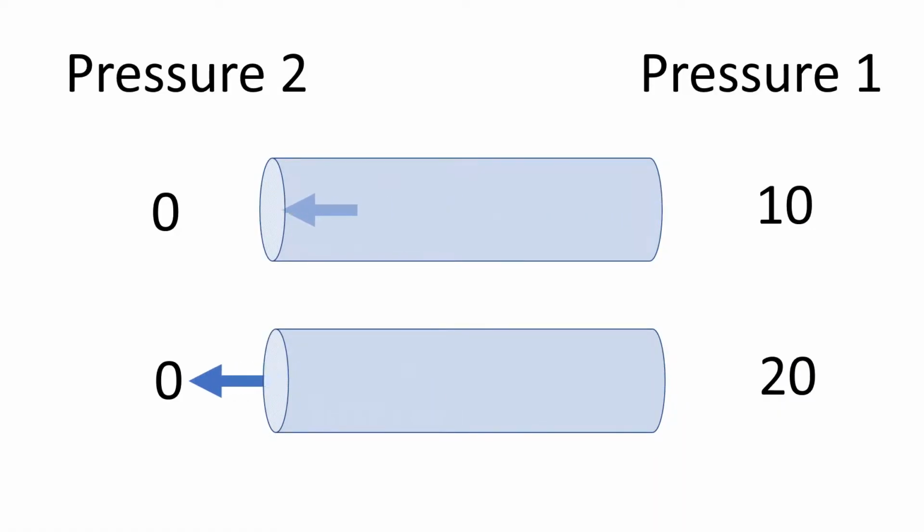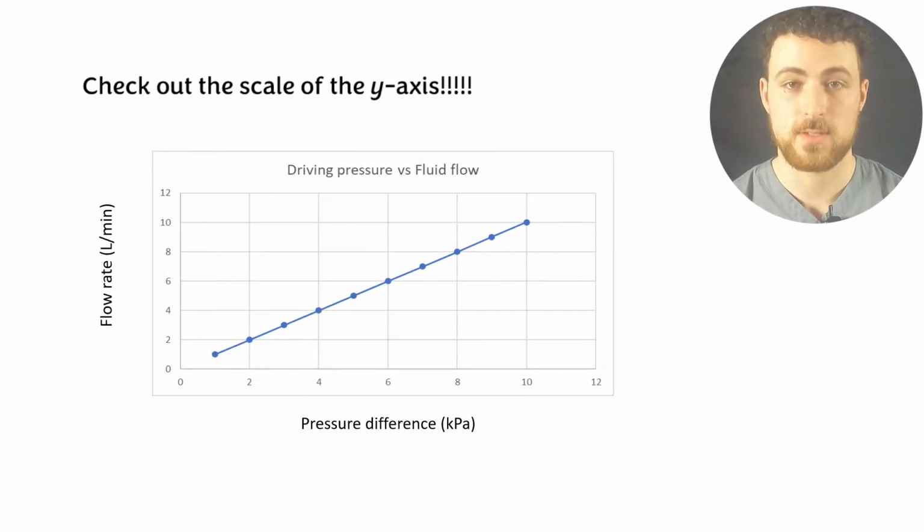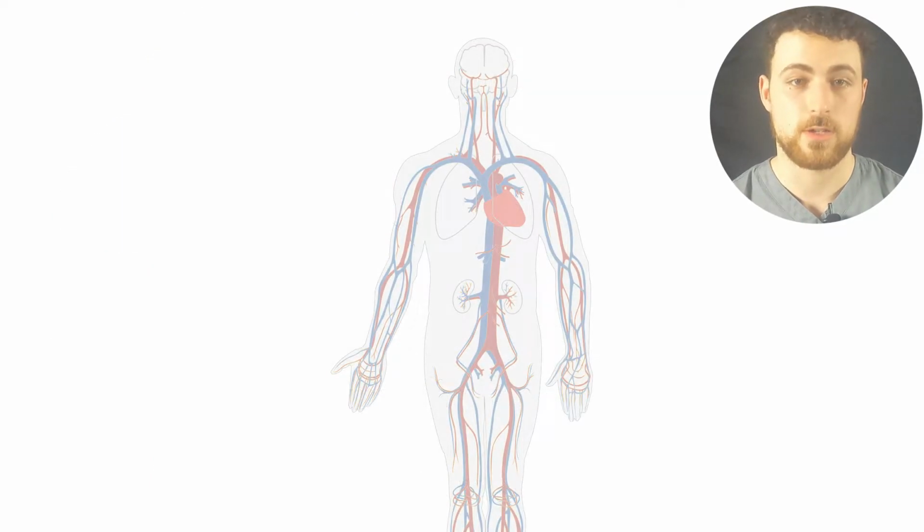A fluid will flow along a tube only if the fluid pressure is higher at one end than the other. The greater the pressure difference, the greater the rate of flow. So all else being equal, the rate of flow is directly proportional to the pressure difference, up to a certain maximum rate, which, again, we'll talk about later. In the circulatory system, the driving force for flow is the blood pressure generated by the ventricles when they eject blood into the aorta and pulmonary arteries.